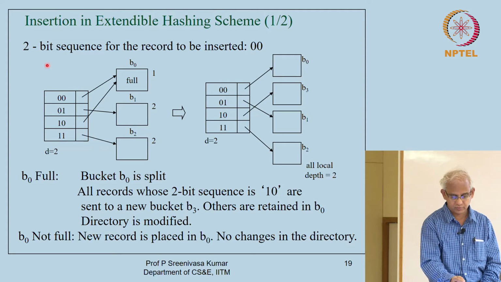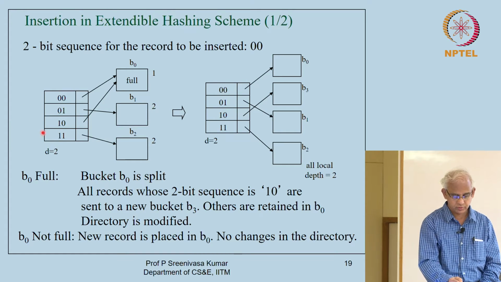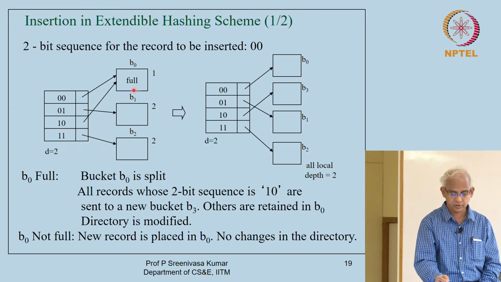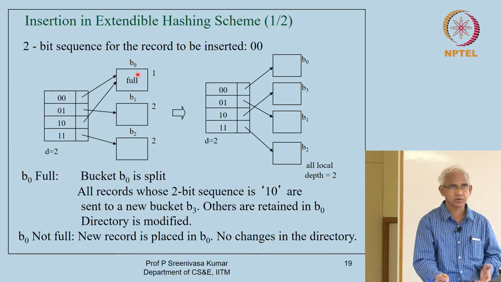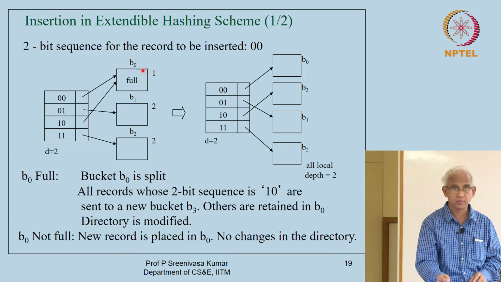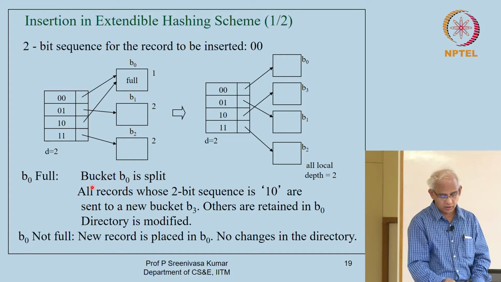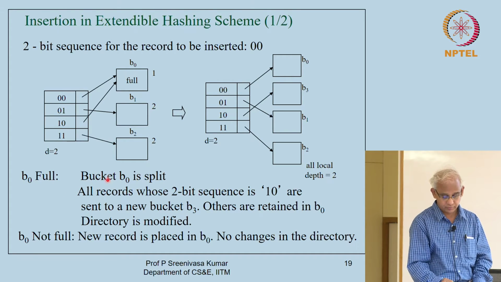Now let us say the 2-bit sequence for the record to be inserted is 0 0. So you look up the directory and figure out that it has to go into here, and there will be 2 cases: either this is full or there is some space for the record. If there is space, there is no issue, you can insert that record into that bucket itself. Suppose this is full, then we will split that bucket B0.